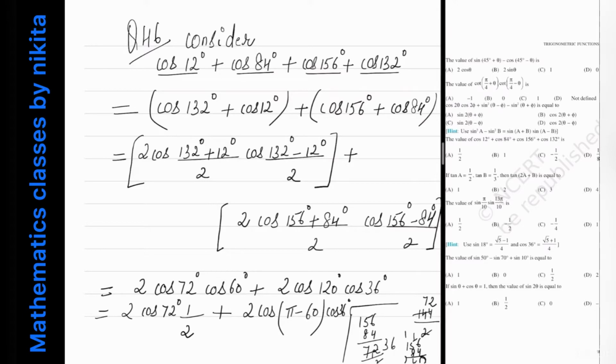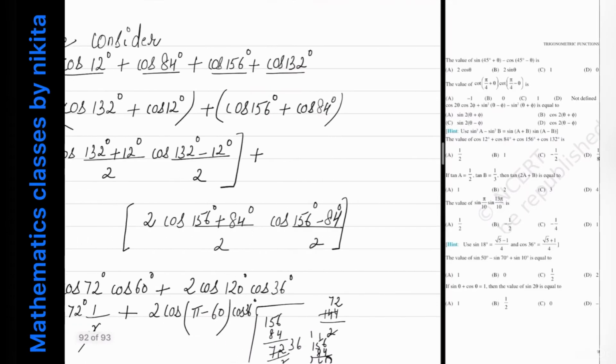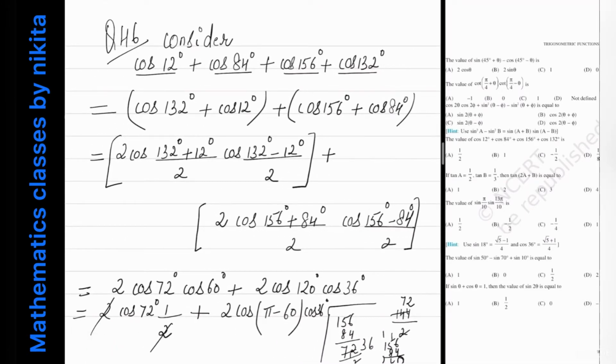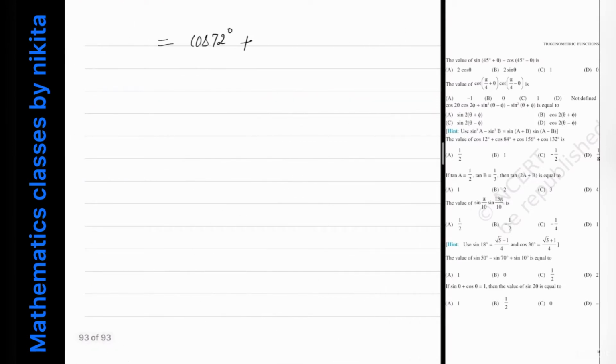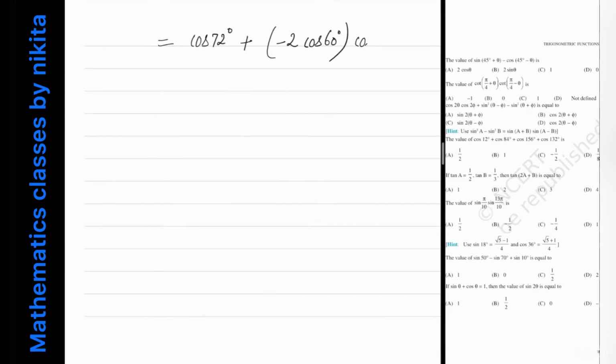Now this cancels with this, so you are left with cos 72 degrees. So this becomes cos of 72 degrees plus, you will get cos of pi minus theta is minus cos theta, so you will get minus 2 cos 60. So minus 2 cos of 60 degrees into cos 36 degrees.